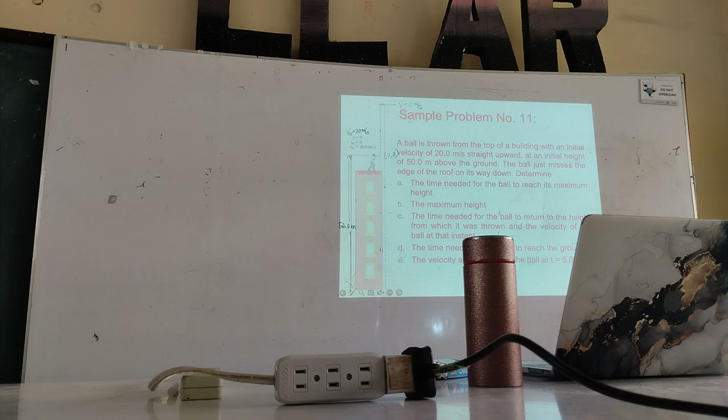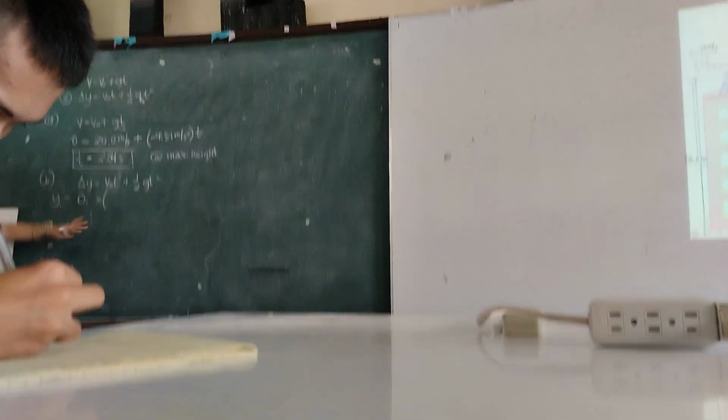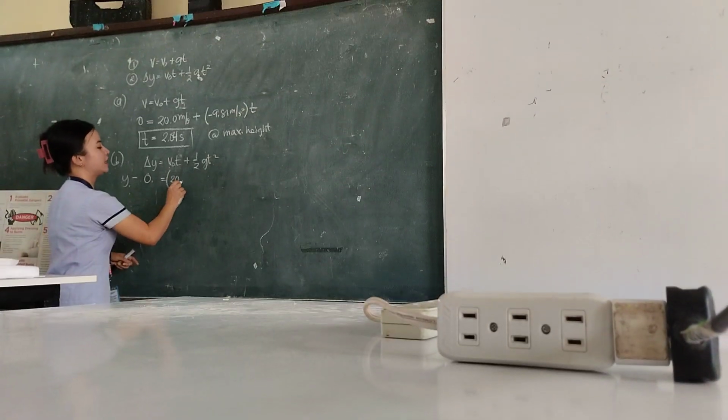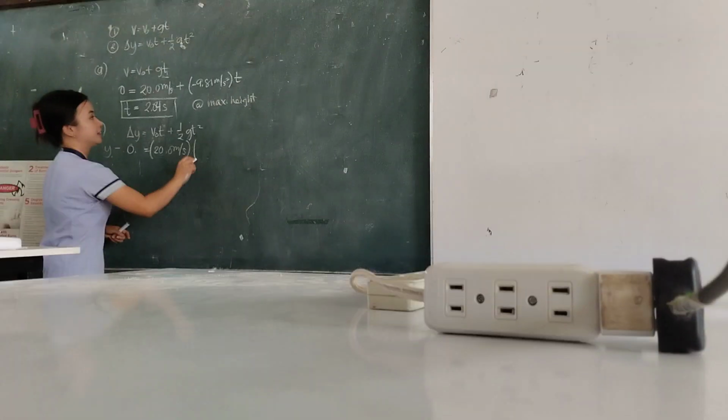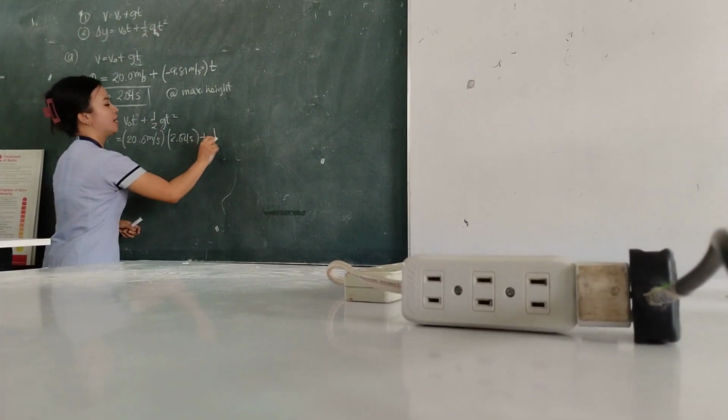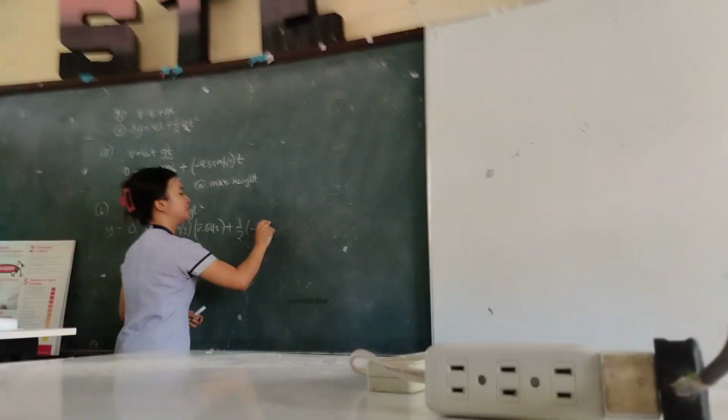So Y minus 0. Then V0 is equal to 20 times time 2.04 plus one half of negative 9.81 times time squared.